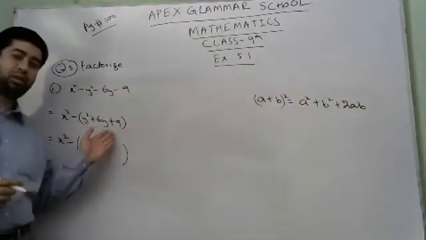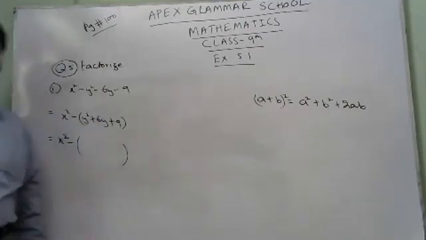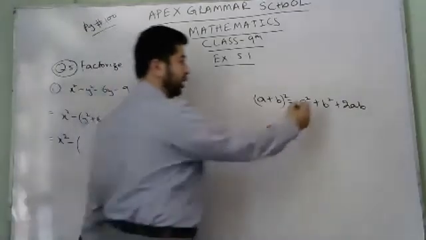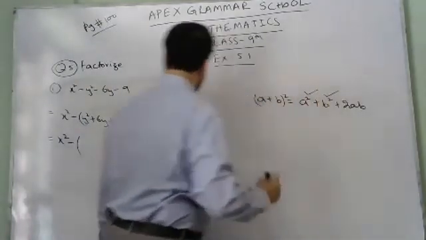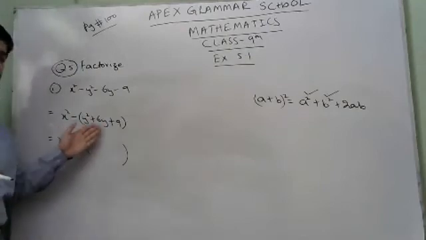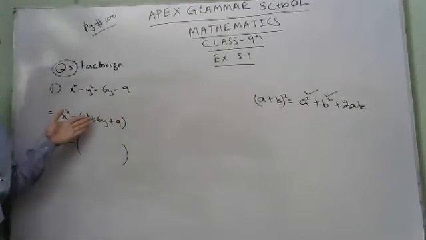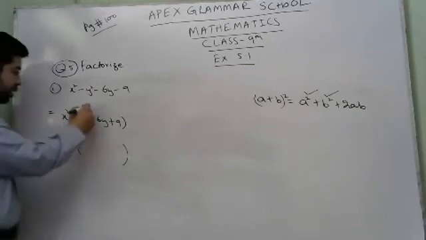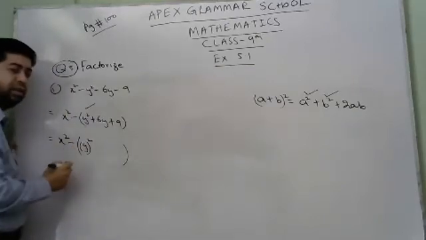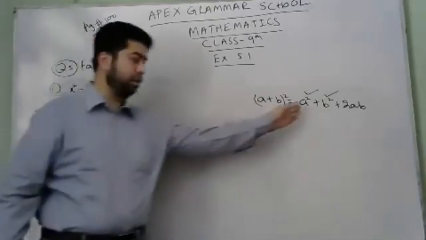How can it be the formula of the type a plus b whole square? You first have to find two squares like a square plus b square with positive signs. Can you find any square here with positive sign? Yes. This y square. You can say that this is a square.